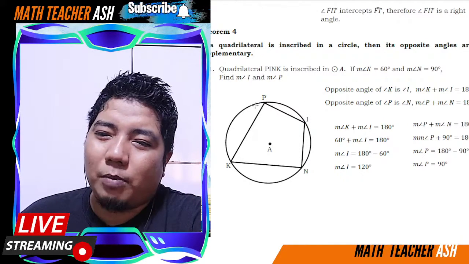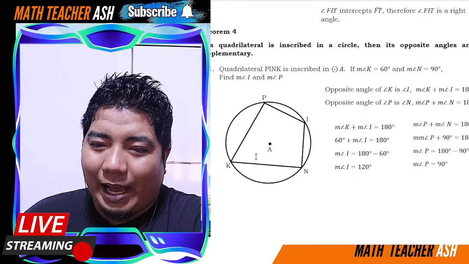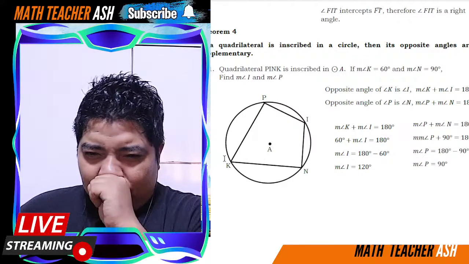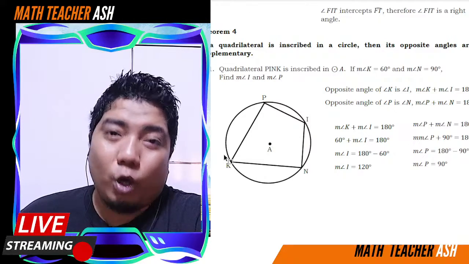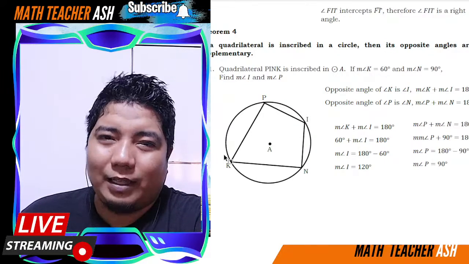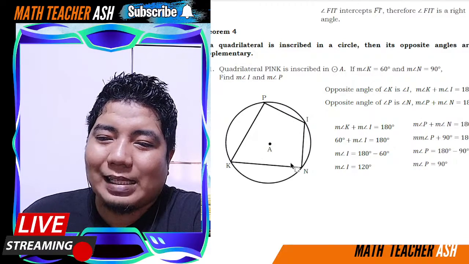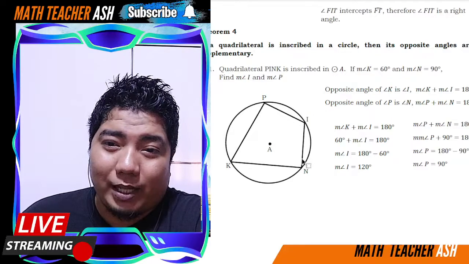So, anong gagawin mo? Sabi dito na ang opposite angles, meaning itong si angle I at si angle K. Pag pagsasamahin mo sila, excuse me, ang total measurement niyan is always 180 degrees. Ito din si angle P at si angle N. Pagsasamahin mo sila, the total is always 180 degrees.